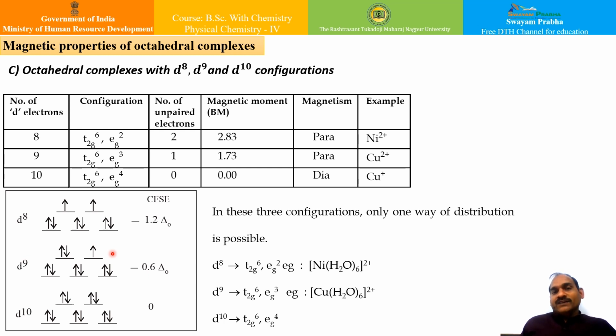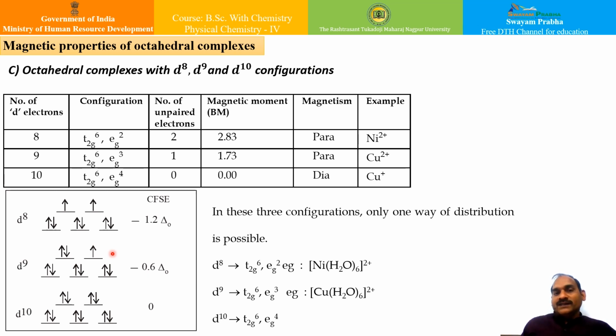So the existence of low spin states requires the splitting energy to be greater than the pairing energy. My crystal field splitting energy in tetrahedral complexes is only about 45% of that in octahedral complexes, that is delta O. So what is the crux? Crystal field splitting in tetrahedral complexes is only about 45% of the octahedral crystal field splitting.